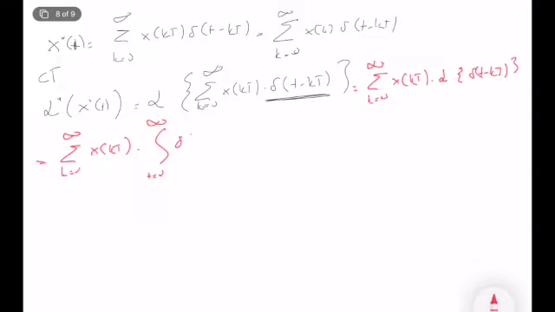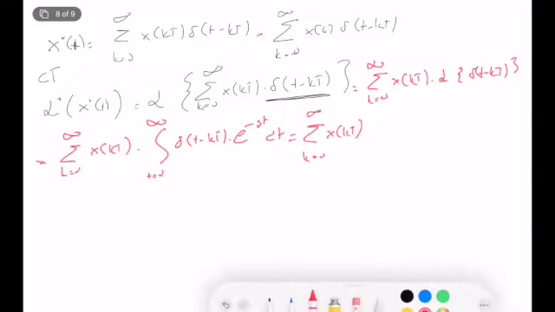The integral of delta(t minus kT) e to the power minus st dt. So this is the same. Just write it: the sum of x(kT), and we need to compute this integral. So we multiply two functions and take the integral.